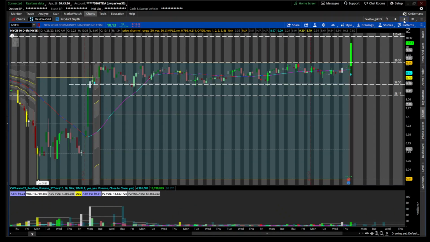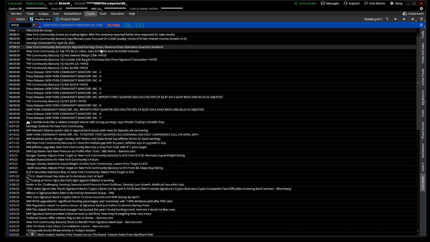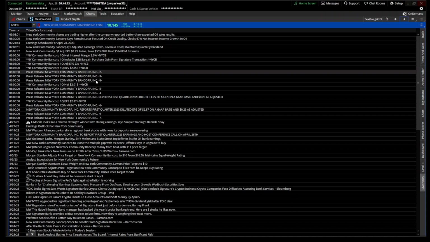And depending on the actual news for this, New York Community Bank says credit clocks, I guess. So this is all good news, I guess, for the bank stocks.